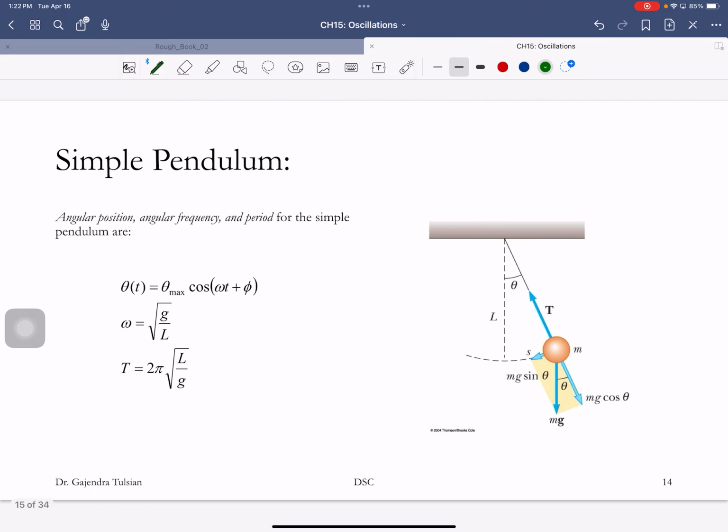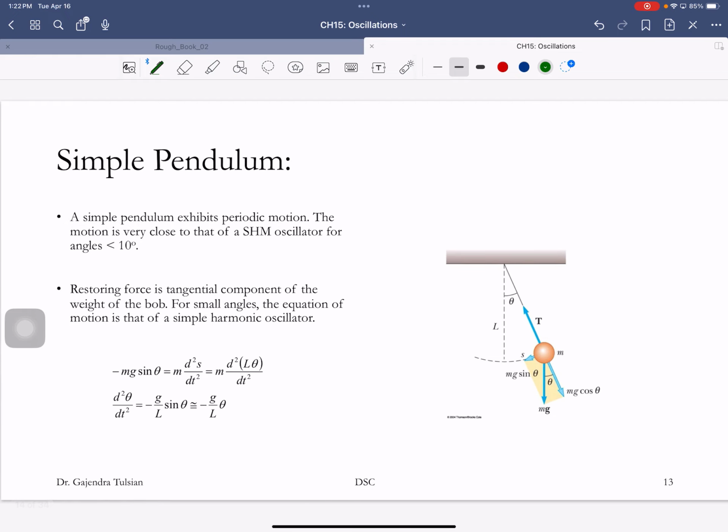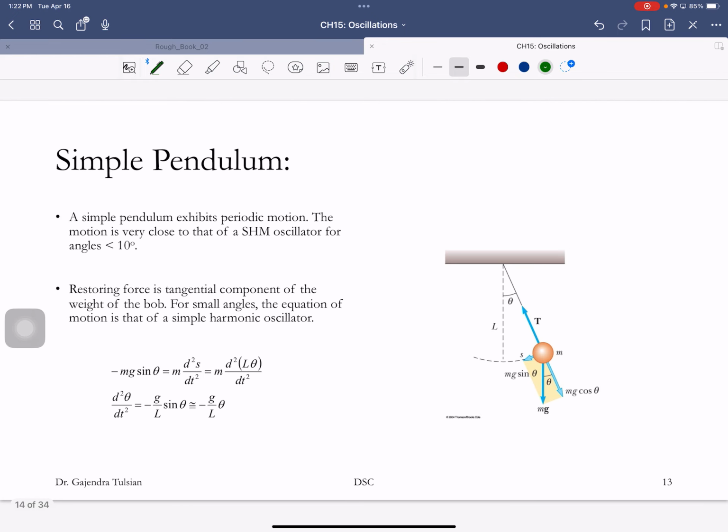All right, so let me run through that quickly. The simple pendulum: here's a heavy mass hanging by a thread. There are only two forces acting on it, the force of gravity and the tension in the string.